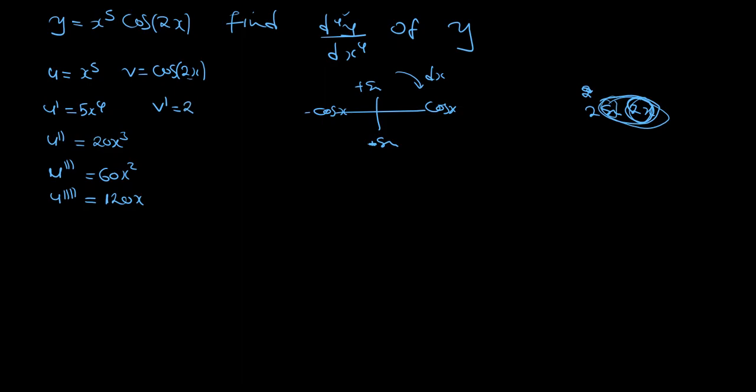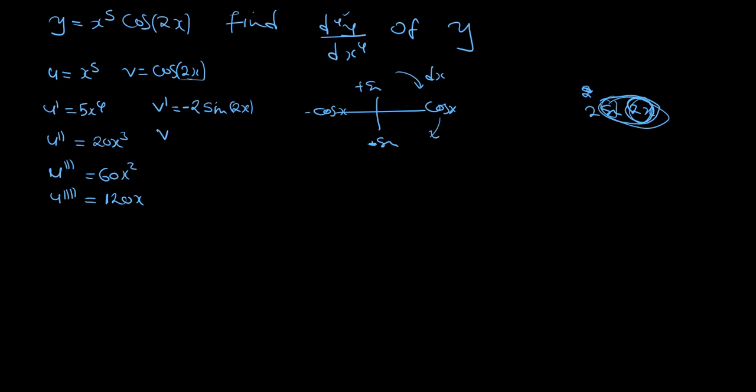Then differentiate cos: the derivative of cos gives negative sine. I put the negative in front, then put the sine with the same angle. That's how you differentiate trig functions.